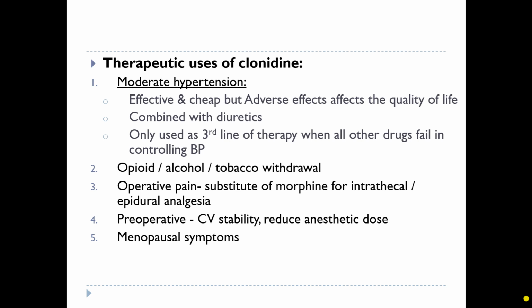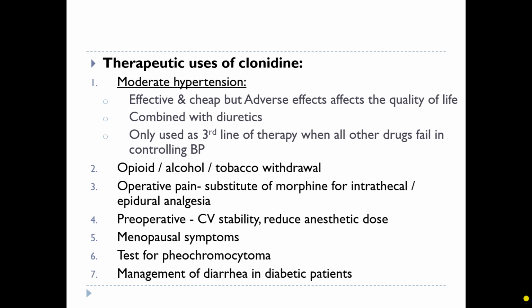It can be useful for treatment of menopausal symptoms. It can be one of the drugs used for diagnosis of pheochromocytoma. Management of diarrhea in diabetic patients is usually done with clonidine, and in all these conditions it is the drug of first choice. Except hypertension, everywhere clonidine is used it is the drug of first choice.